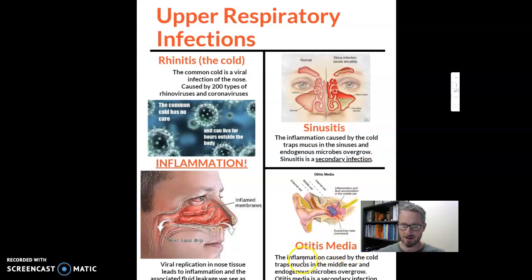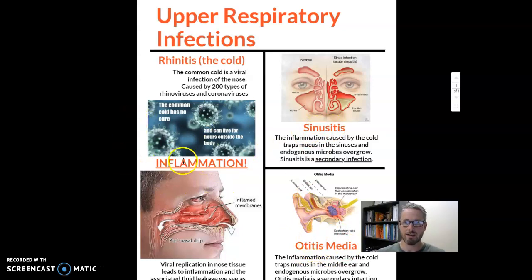Otitis media is caused by the inflammation from the cold, trapping the mucus in the middle ear, and then our endogenous microbes overgrow. So one primary infection, rhinitis, can lead to two different secondary infections, sinusitis and otitis media, for one specific reason, right?